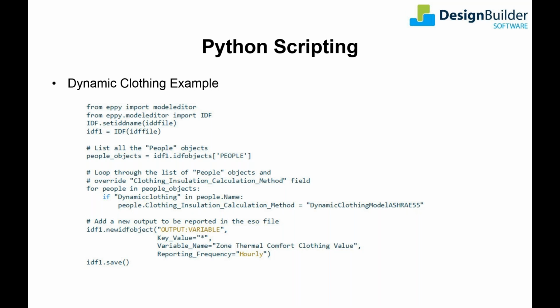It also adds an extra output to allow us to view the ASHRAE 55 comfort outputs in the results viewer after the simulation. This provides a quick and relatively easy way to override default behavior and implement options and systems not yet supported by DesignBuilder. The same approach can be used in C# scripts using the EPNet tool for users who prefer to use Microsoft-based programming languages.